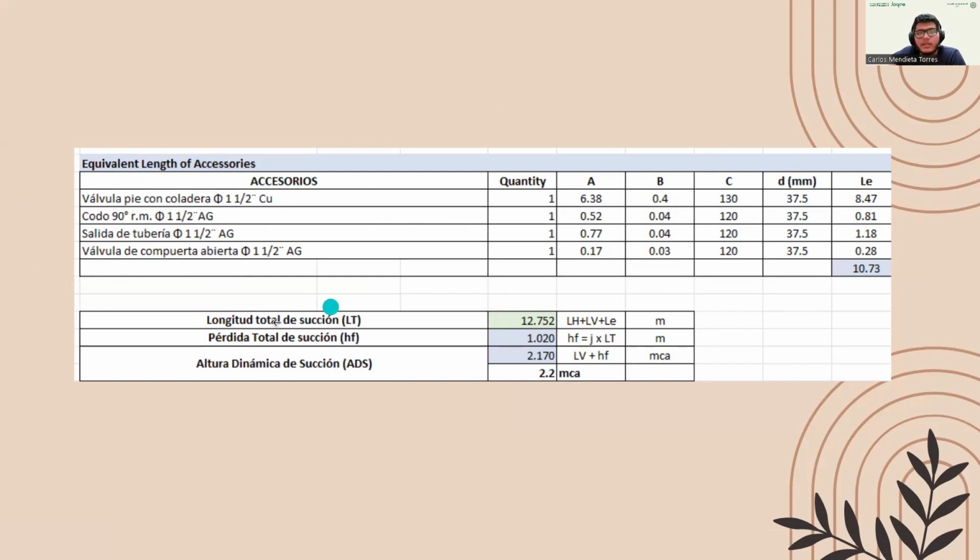With that, we can get our total length of suction and our total suction losses. With both of them, we get the dynamic suction head, that is 2.2 meters of water.